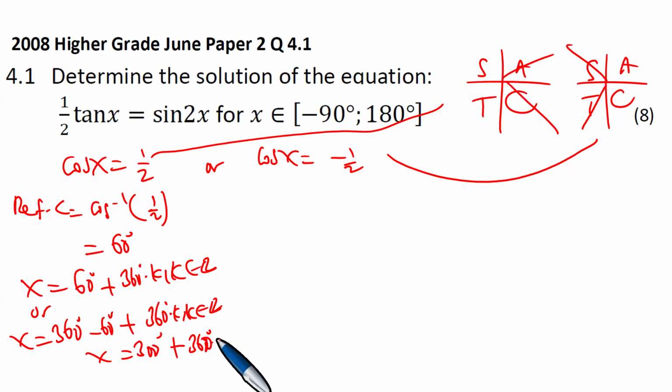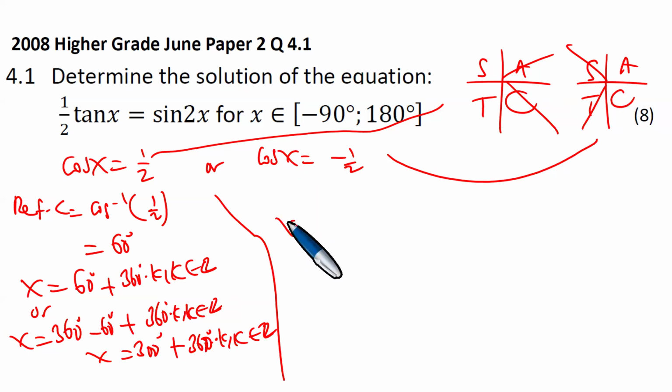So we do 300, k in z. 60 degrees is in the first quadrant, and 300 is in the fourth quadrant. Now we come to this one, the -1/2. Here the reference angle is 60 as well.